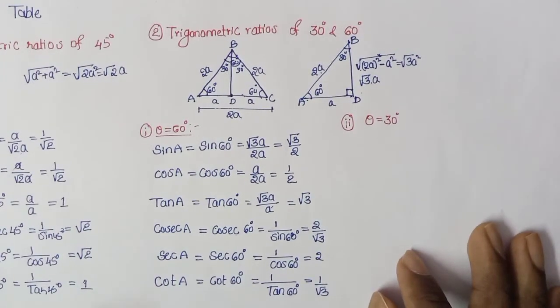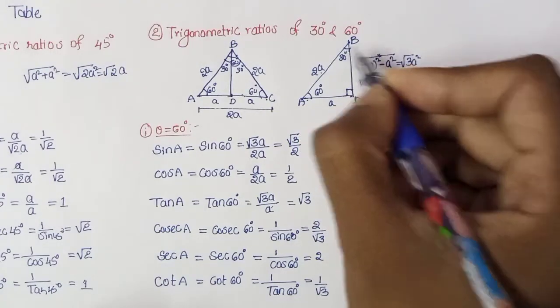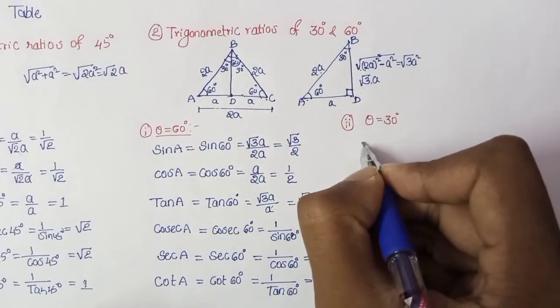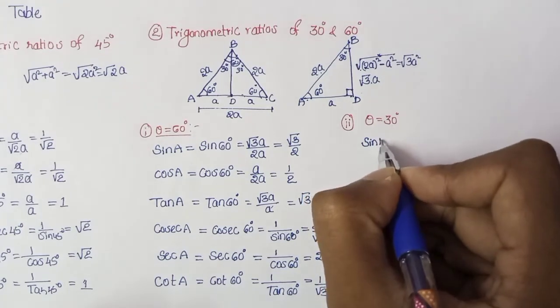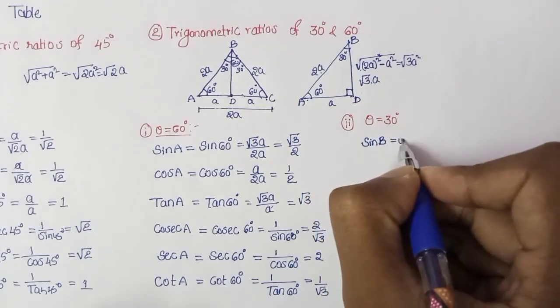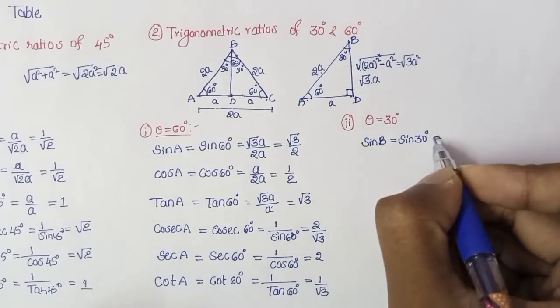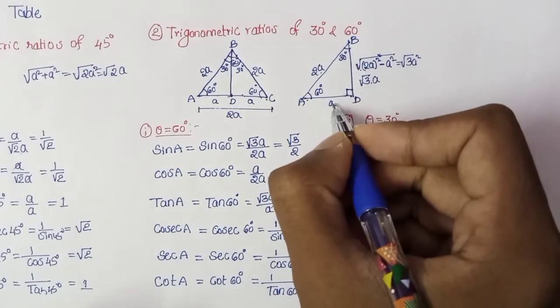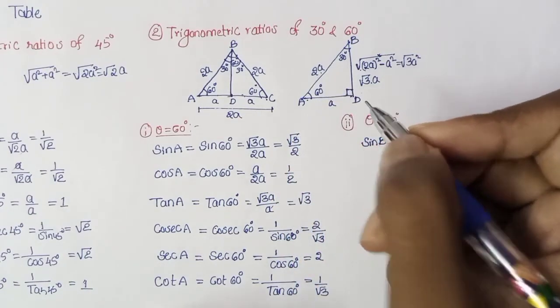We can find it simply by considering angle B. So here if you consider angle B, that is sin B. Sin B is equal to sin 30 degrees, which is, by the sine definition, opposite side by hypotenuse. The definition will not change, it remains the same.